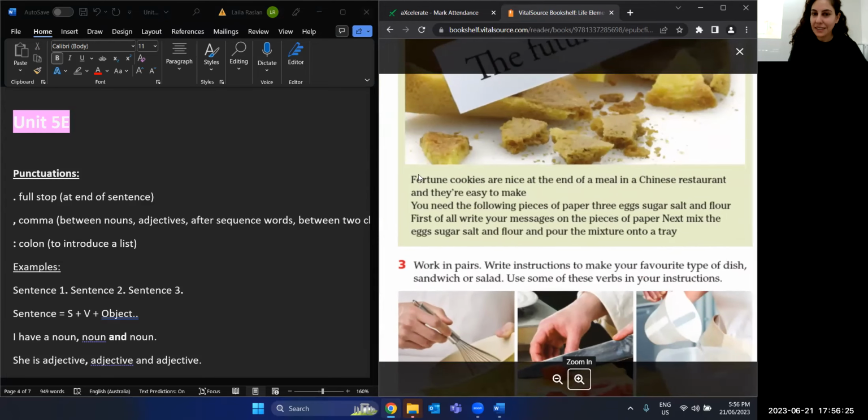I'll give you 1 minute to have a read through and to write it in your book, or just in your book, put a comma or a full stop or a colon where you see it is missing. So you know the rules, you know when to use them. I'll give you 1 minute and then we will check it together.